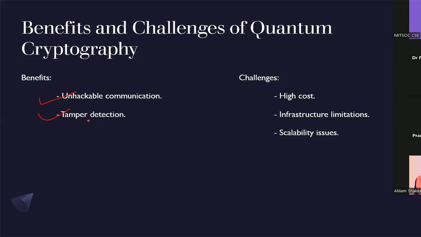The challenges are obviously the high cost for infrastructure setup and providing the communication channel. Then we have infrastructure limitations and scalability issues. Horizontal scalability and vertical scalability might be more challenging in quantum cryptography.